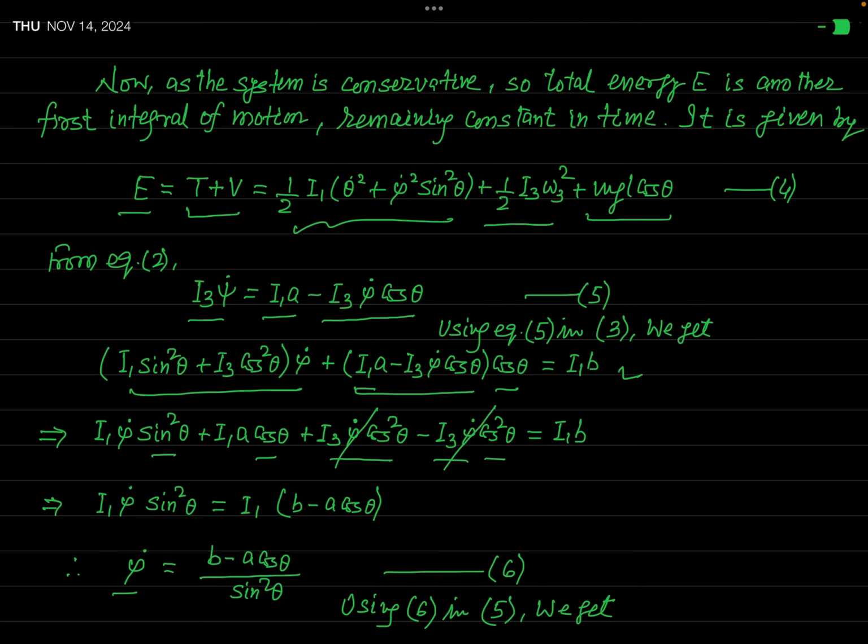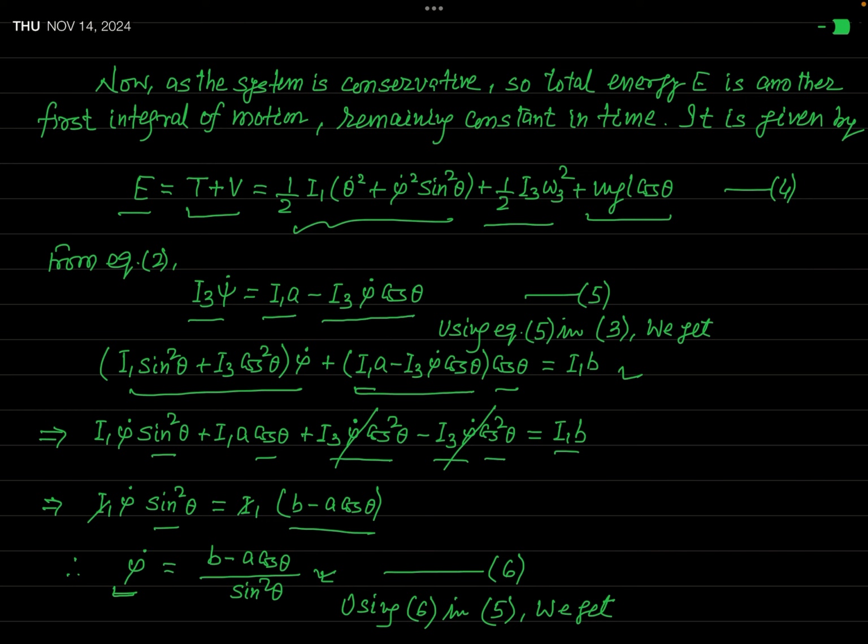These two terms will cancel out, and that is equal to I1 b. Now I1 phi dot sin square theta, I have brought the I1 a cos theta term to the right-hand side, so it is I1 times b minus a cos theta. Now this I1 and this I1 will cancel out, and so phi dot is equal to b minus a cos theta over sin square theta.